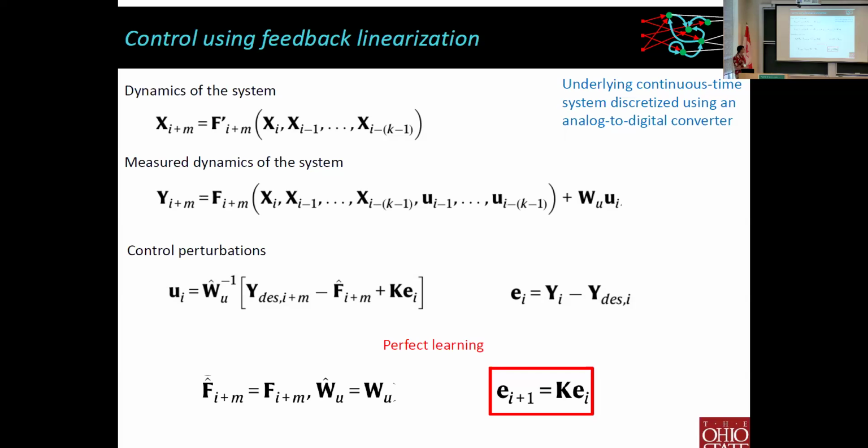So I'll call this F prime. Now, I don't necessarily have a sensor that can measure everything about the system. So my sensor might have just a projection of states that are there. So I'll say that Y is this projected or measured state of the system.